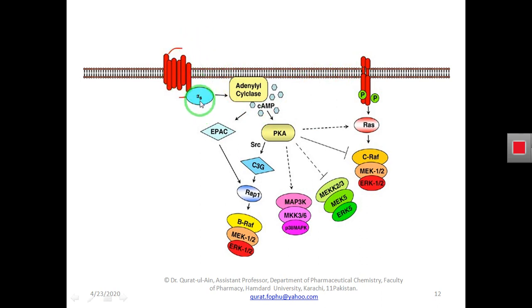The alpha subunit of the G protein will be activated, and then this subunit will activate the enzyme adenylyl cyclase. This adenylyl cyclase will make cyclic AMP from ATP, and this cyclic AMP is a second messenger that will activate protein kinase A. This is an enzyme, and this enzyme activates various downstream signals.